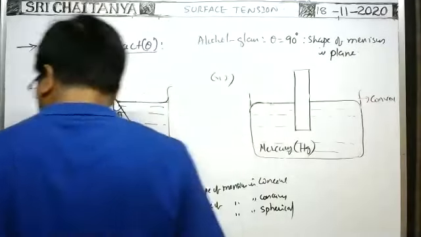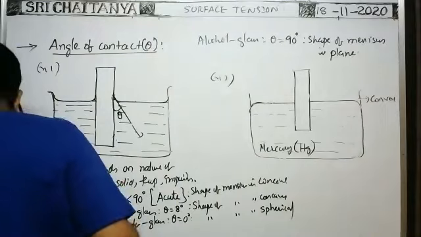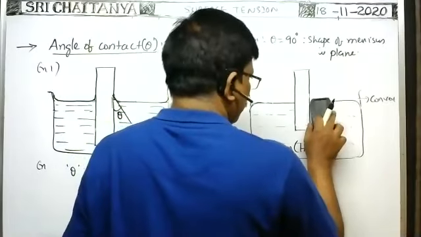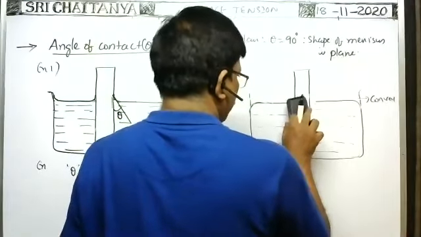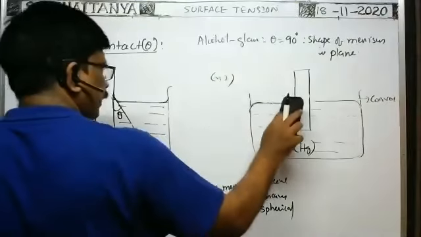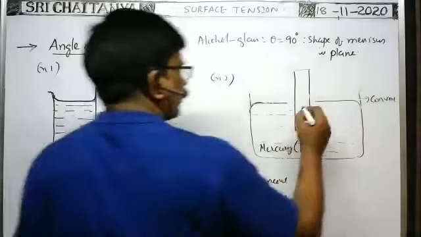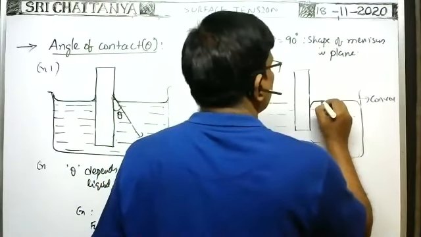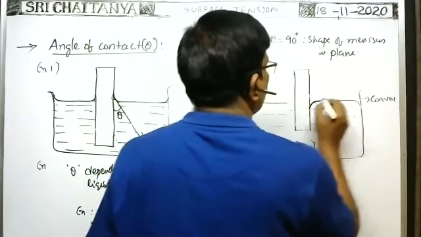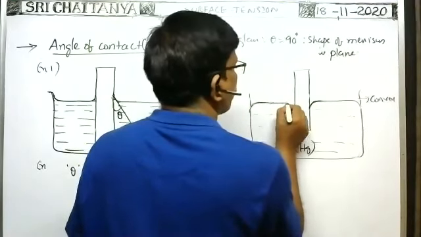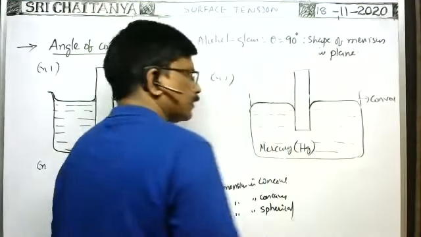At the point of contact of the mercury surface with the glass plate, I will draw it here, just like here only. You will get like this.